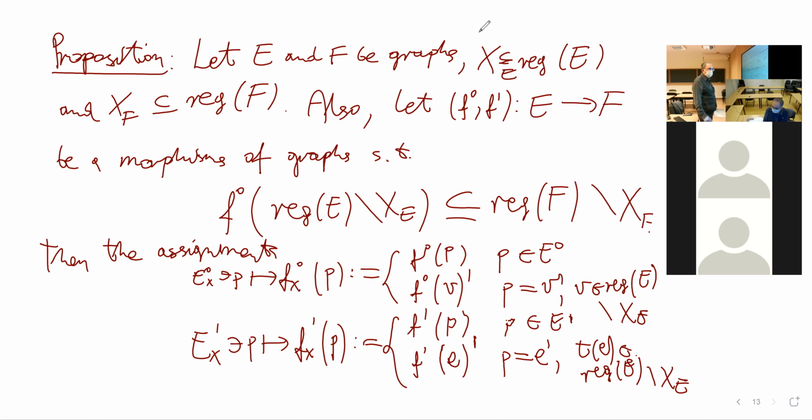But I want to avoid this notation because now we have two graphs, so we would have too many letters. That's why I want to restrict our attention just to E F, X E, X F. Otherwise, we get confused.